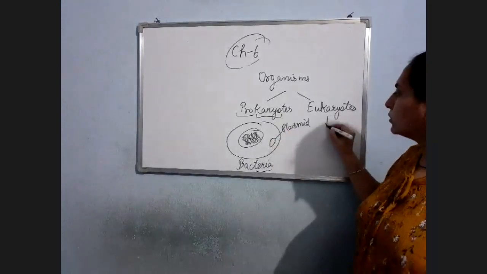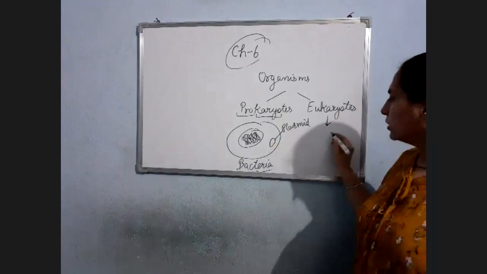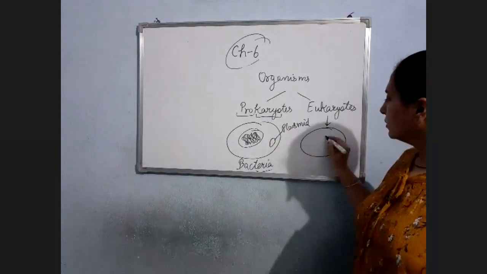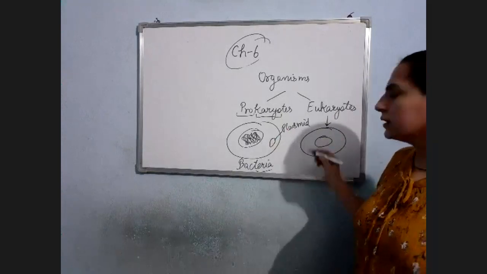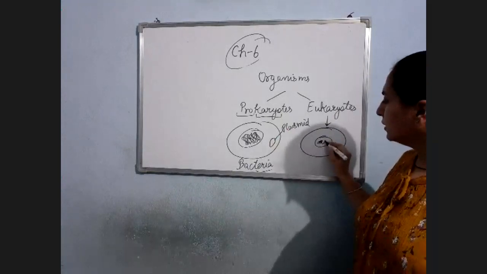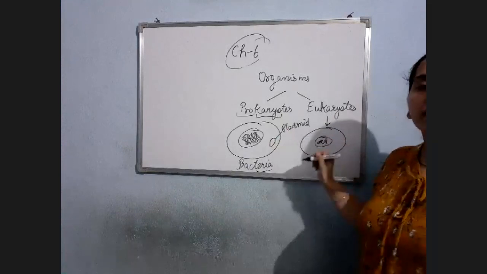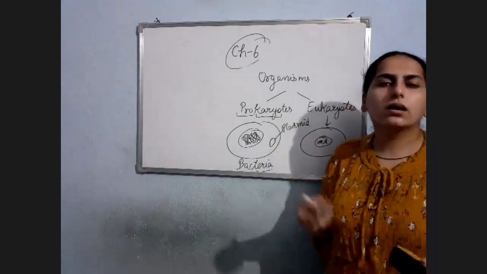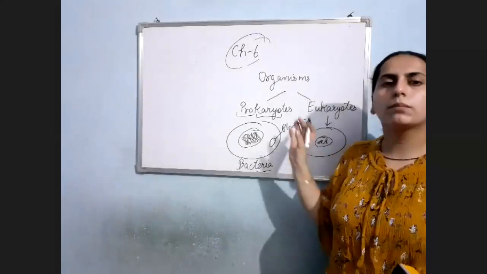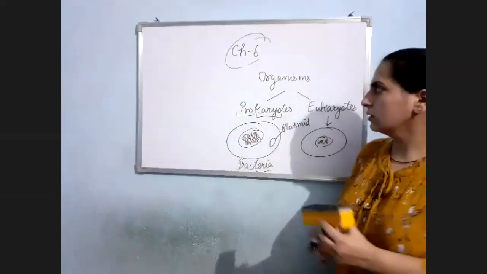If I talk about the eukaryotes, the chromosomes, or I can say the genetic material, are present inside a nuclear membrane, and eukaryotes are well developed as compared to the prokaryotes.